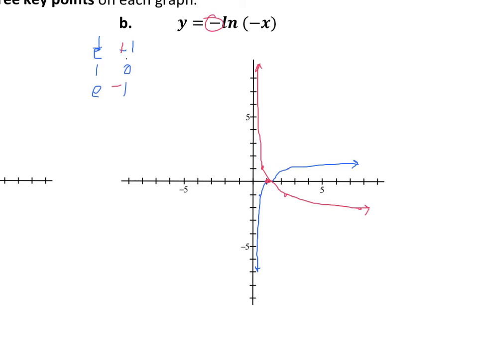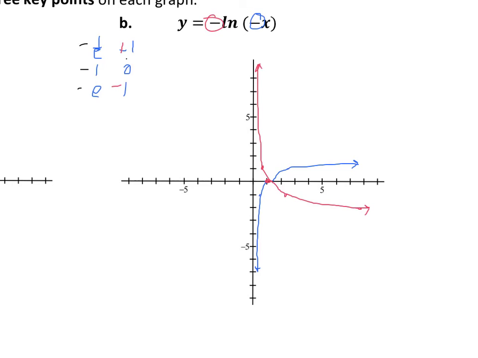All right, now the blue one, we're going to finish it off. What does this minus sign do? That's not going to shift it. It's going to flip it again. But now over which axis? Over the y-axis. So if I flip it over the y-axis, I change the sign of my x values. So now instead of 1 over e, it's negative 1 over e. Instead of 1, it's negative 1.